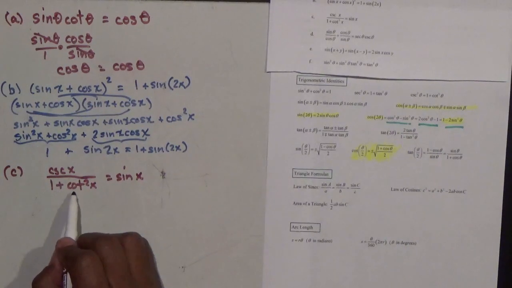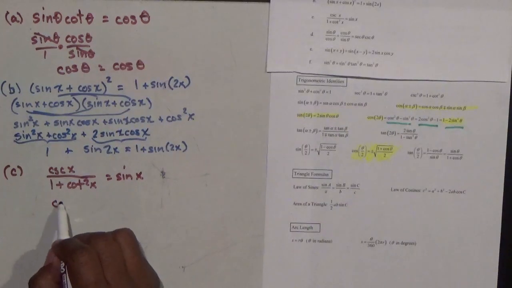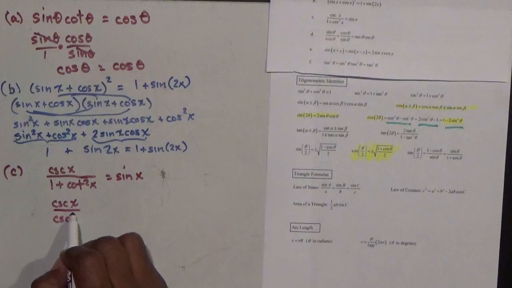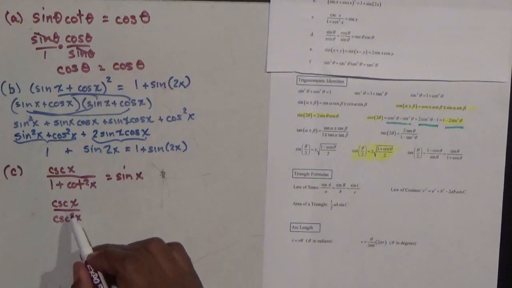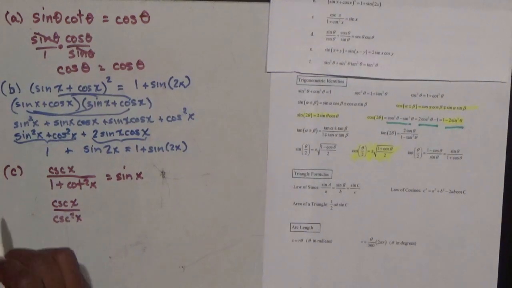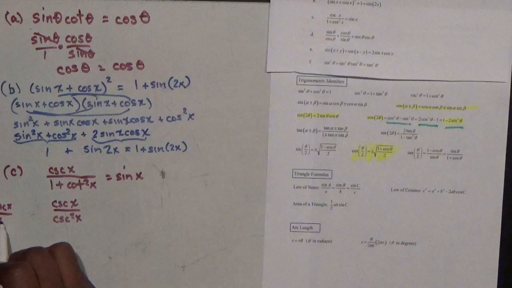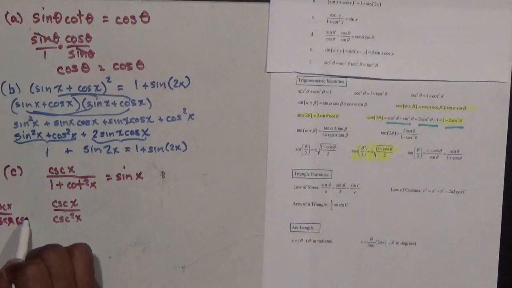All right, let's see. 1 plus cotangent squared is cosecant squared. So you've got cosecant x over cosecant squared x. Now that means this is like saying I have cosecant x over cosecant x times cosecant x.